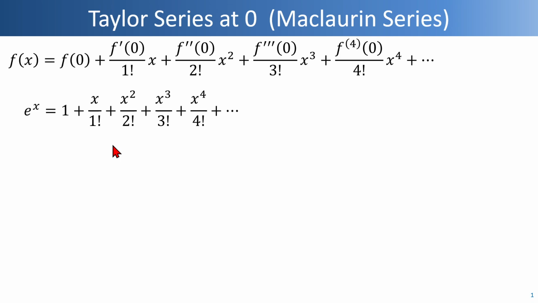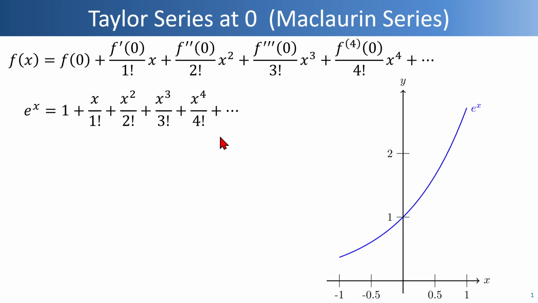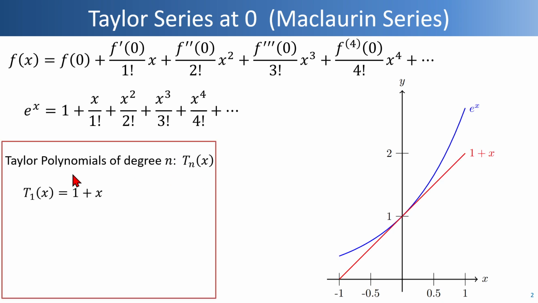Now, it's going to be useful to be able to approximate functions using just part of the Taylor series and not the whole thing. That idea is related to Taylor polynomials. So here we start with the graph of e to the x, the exact function. Then we're going to start approximating it using Taylor polynomials.